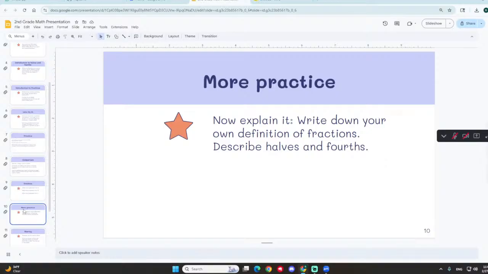Now explain it. Write down your own definition of fractions. Describe halves and fourths. Write down a definition in your notebook because writing your own definitions can help you learn.